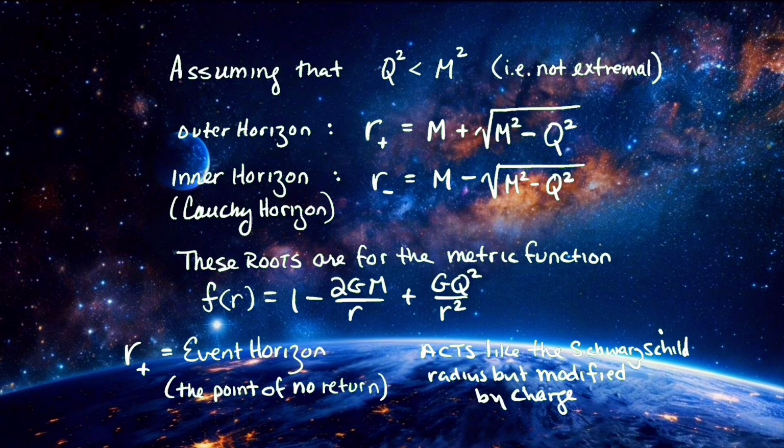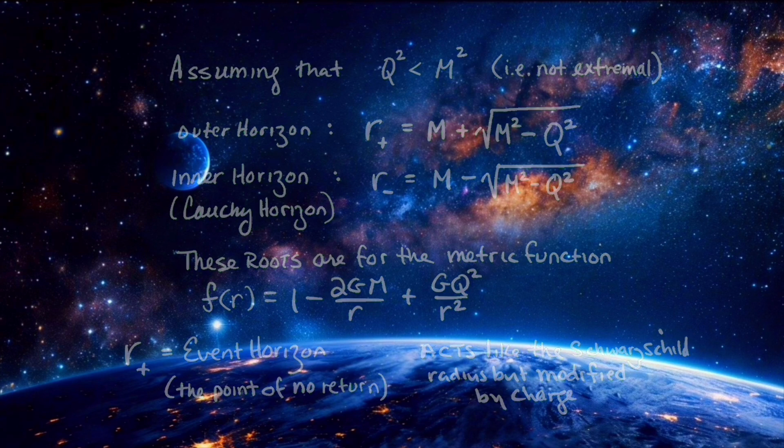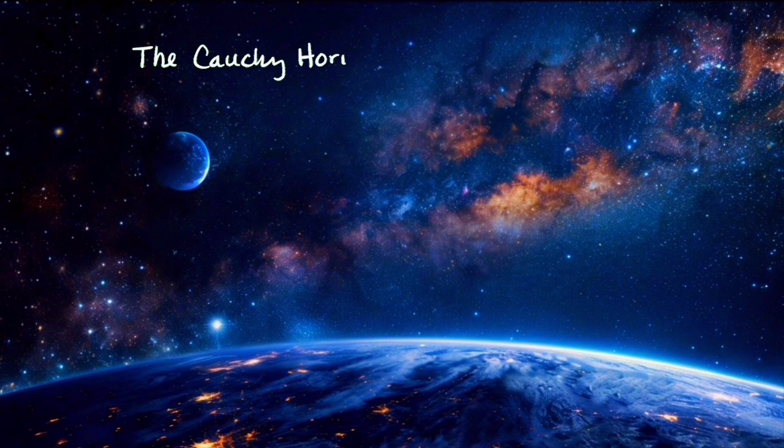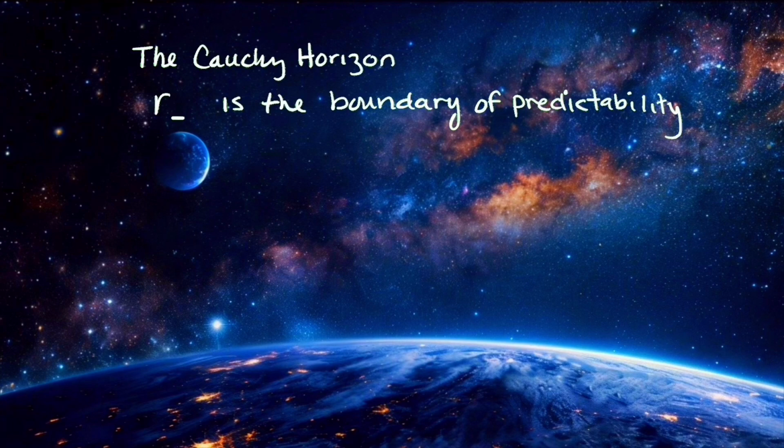The positive component being the event horizon is the point of no return. Now the minus component here is the Cauchy horizon.